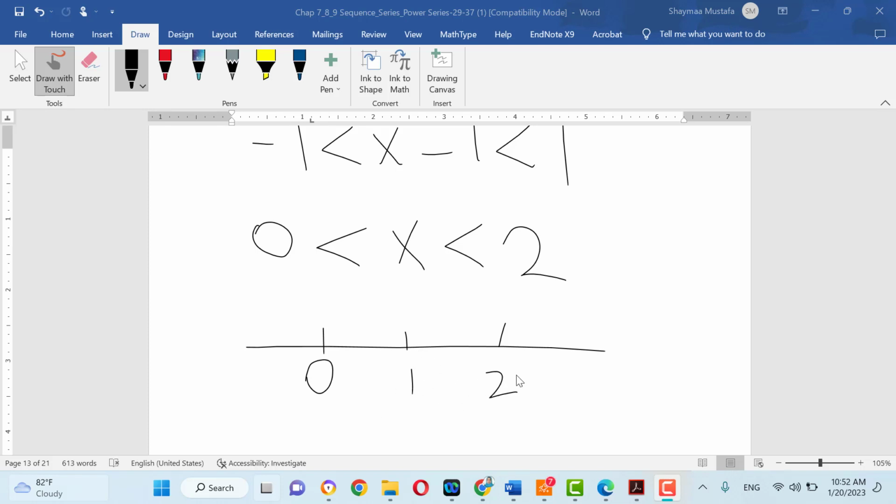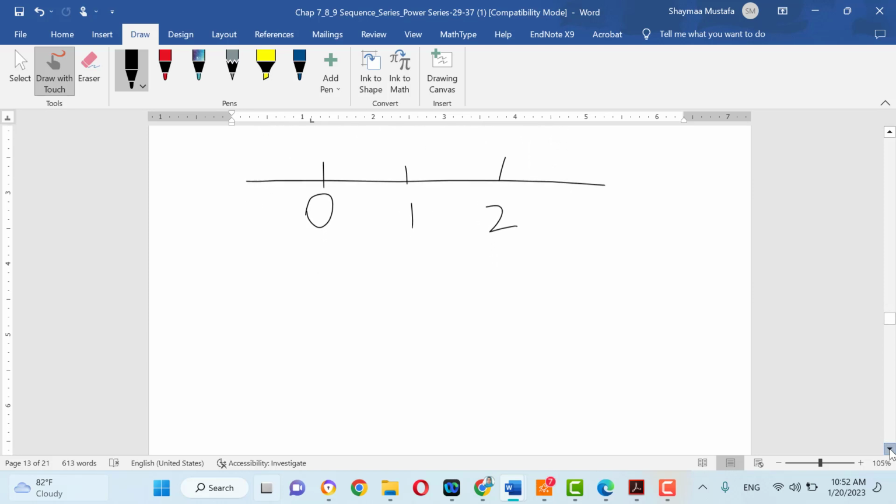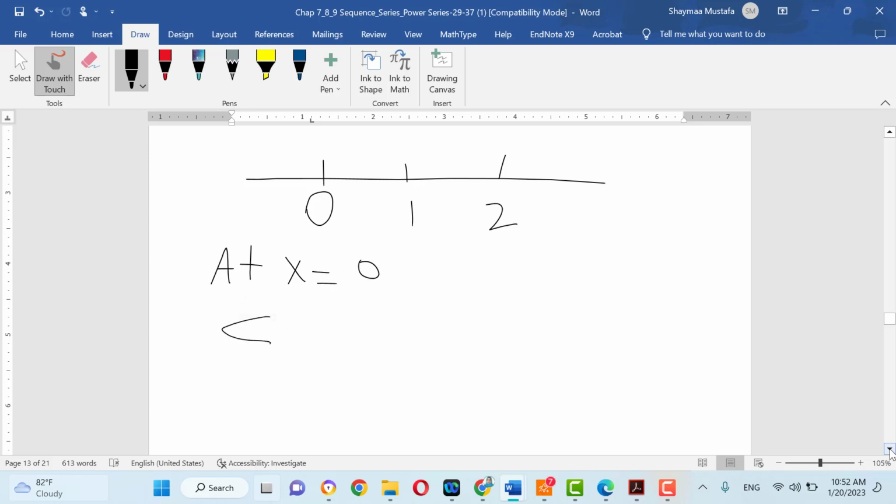To check this interval, we have to check the boundary points, whether 0 and 2 are included in our interval or not. So we need to check at x equals 0 first. This is the original series.